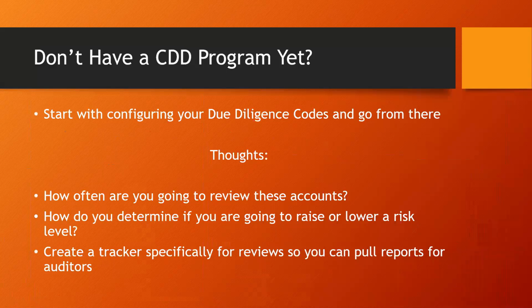So start with configuring your diligence codes and then go from there, and then actually develop a procedure on how you're going to use it. Don't just say, yeah, I'm using it now, and then associate that procedure into your Bank Secrecy Act policy. Take it all the way up the food chain.